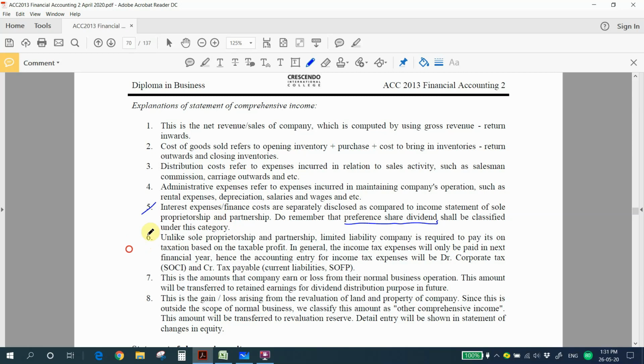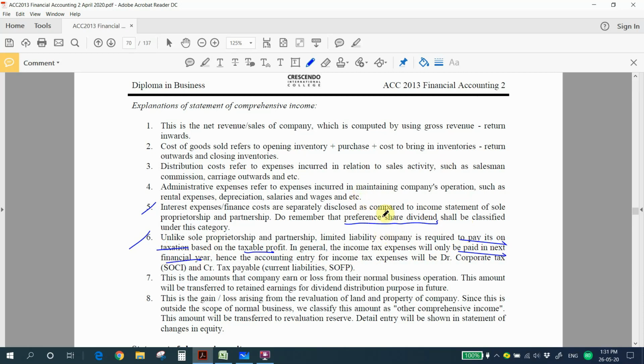And for number 6, unlike sole proprietorship and partnership, a limited liability company is required to pay its own taxation based on the taxable profit. In general, the income tax expense will only be paid in the next financial year. Meaning that this year's profit, we only pay the tax next year, because you still need time to summarize the taxable profit during the year.